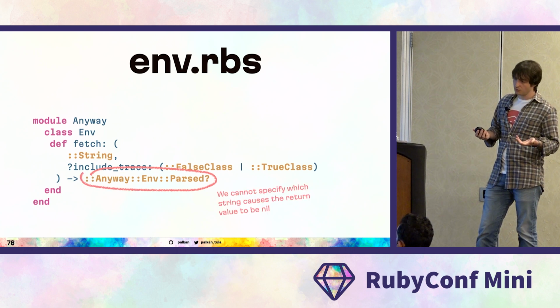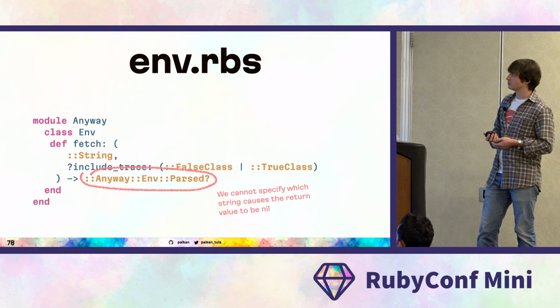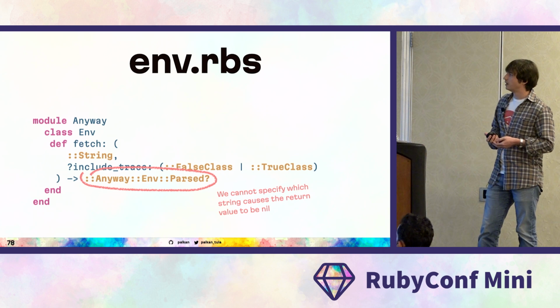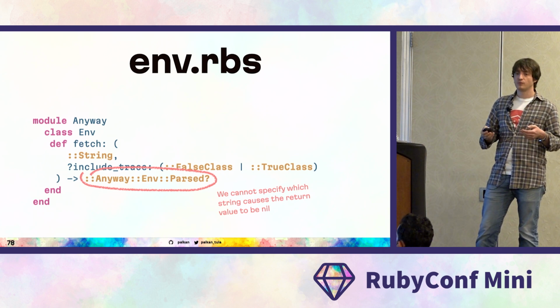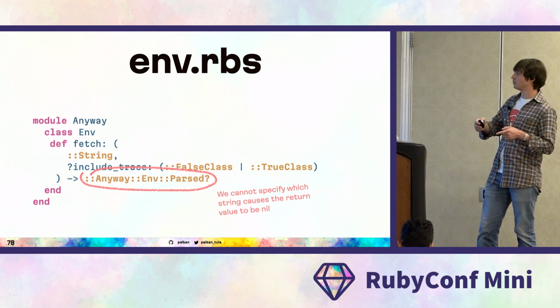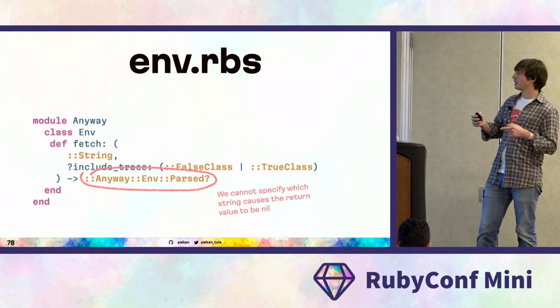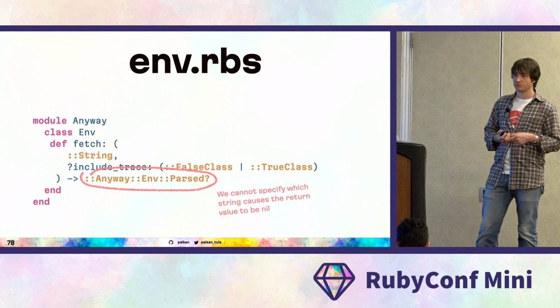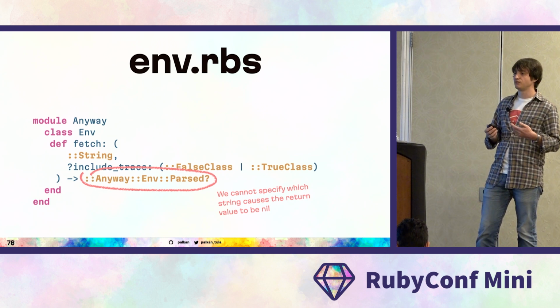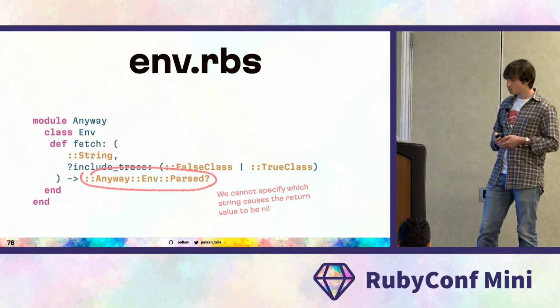At least for now with RBS, I'm not sure about Sorbet, by the way, but we cannot tell that if the value of the string is this particular empty string, return nil. So we have to use this optional return type because we cannot distinguish between different strings. So the type signature doesn't help with this difference.